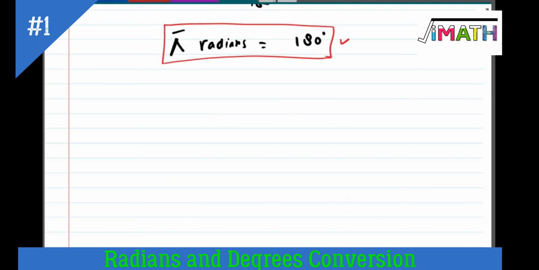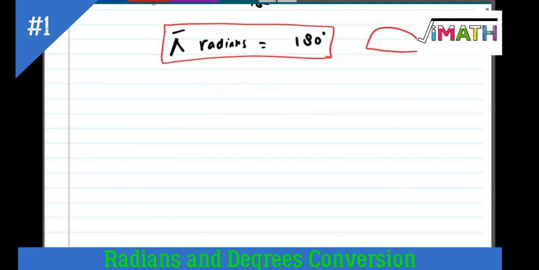Okay, so if we multiply both sides by 2, it becomes 2 pi radians, a full turn, equals 360 degrees, right? Yes. So in case you forget this interconversion, or you become doubtful whether it is correct or not, you need to visualize this.